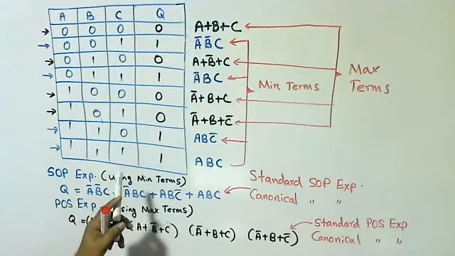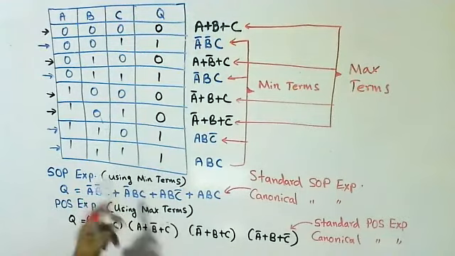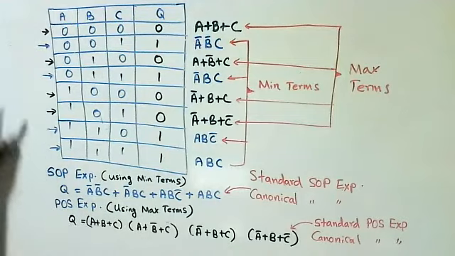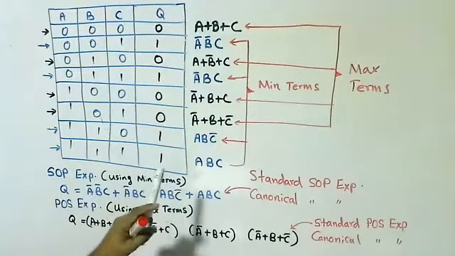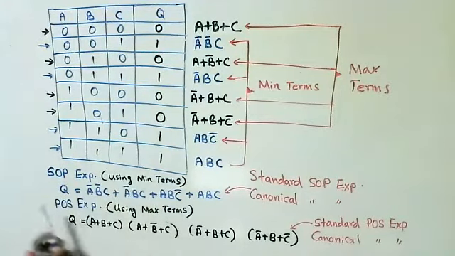It will take little time, but no problem. Don't copy this as it is. Just draw the truth table by seeing whiteboard. Then you can have min terms and max terms. Then you can create standard SOP expression and standard POS expression. Then you can check it out whether I am correct or not.